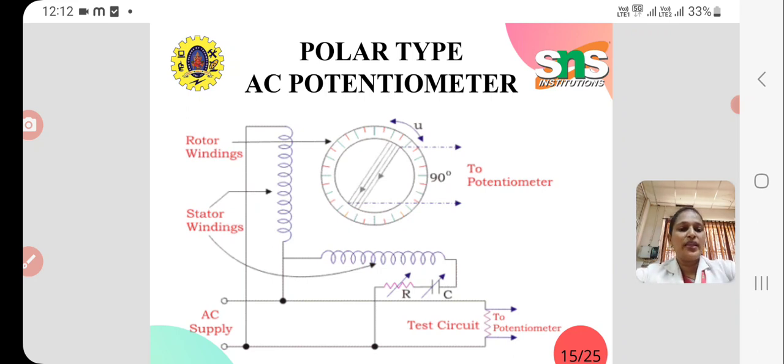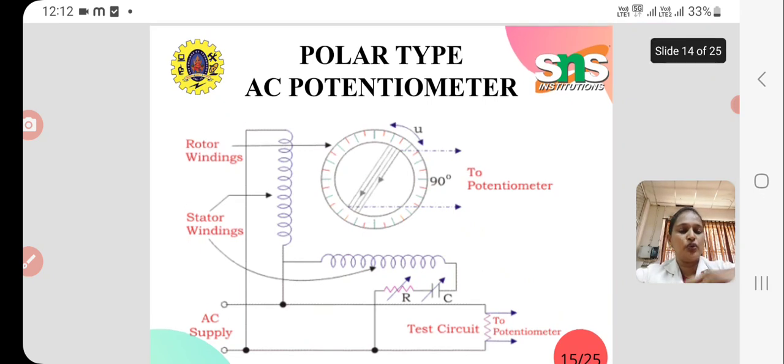So when the AC supply is being given, the stator winding will get energized and a flux will be induced. Since we have two phase stator windings at a 90 degree shift, the fluxes produced in the stator windings will produce an induced EMF in the rotor windings.